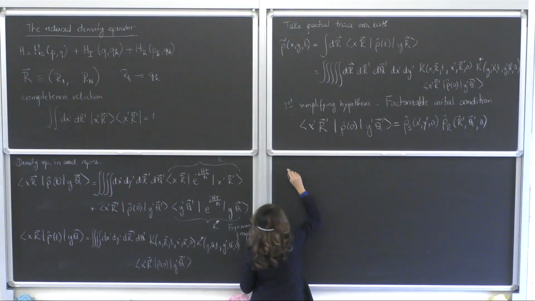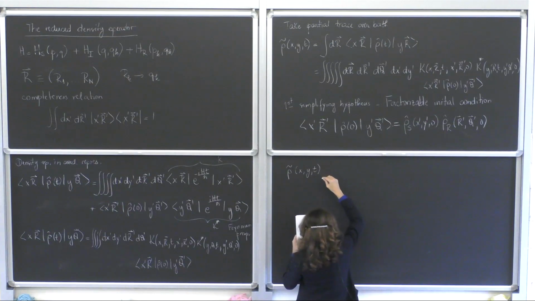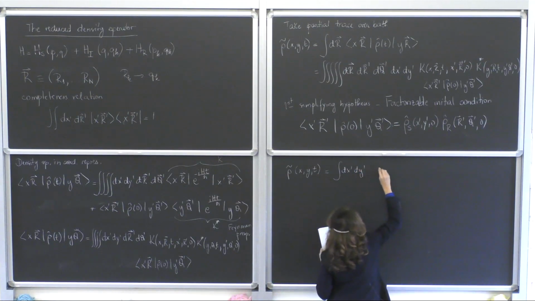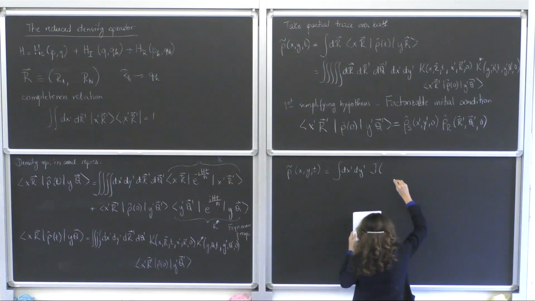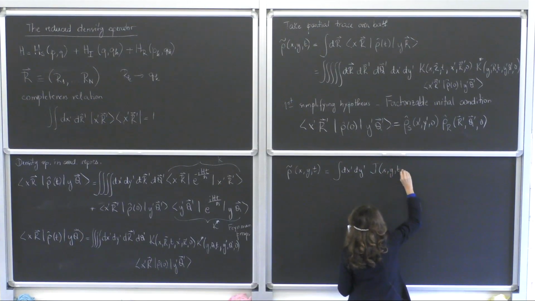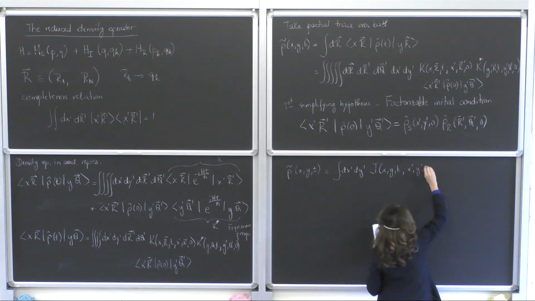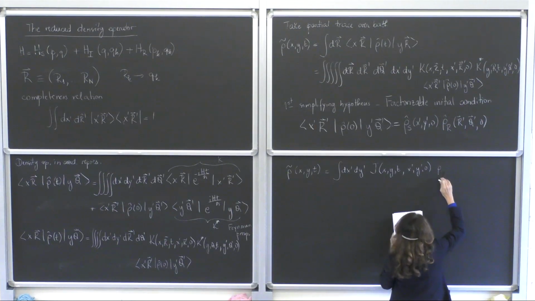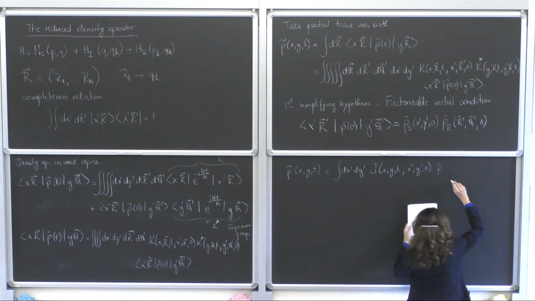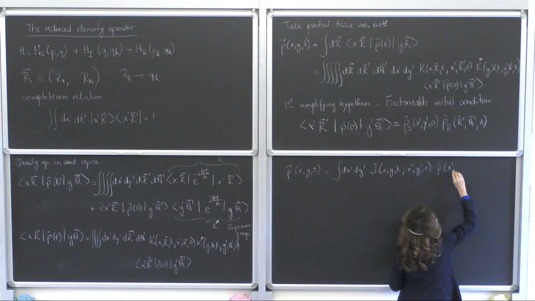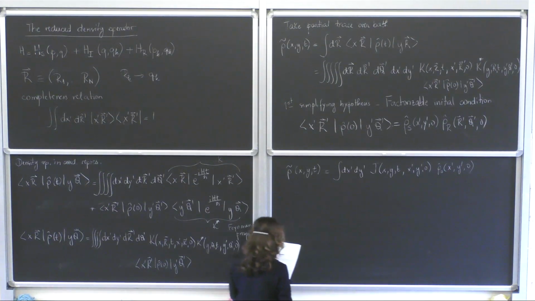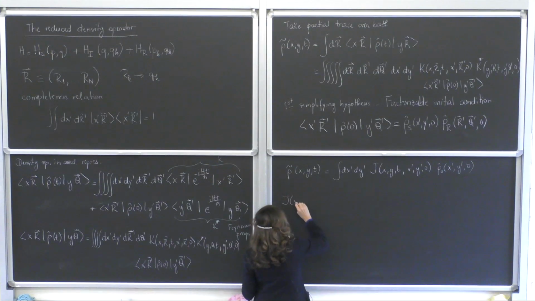I can now rewrite my reduced density operator for the particle as simply the integral in x prime, y prime, times some function, J, that I'm going to write to you in a minute, times rho of x prime, I have rho s, y prime, and 0. And this J is something gigantic.